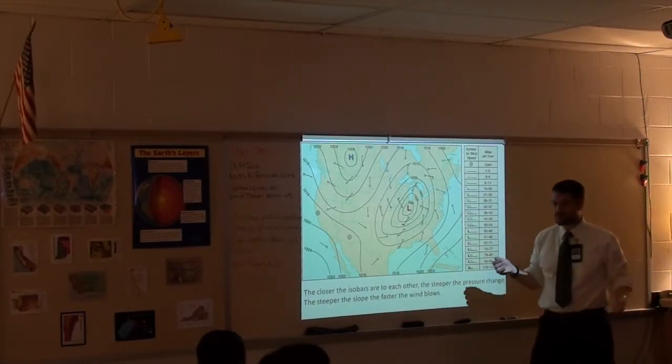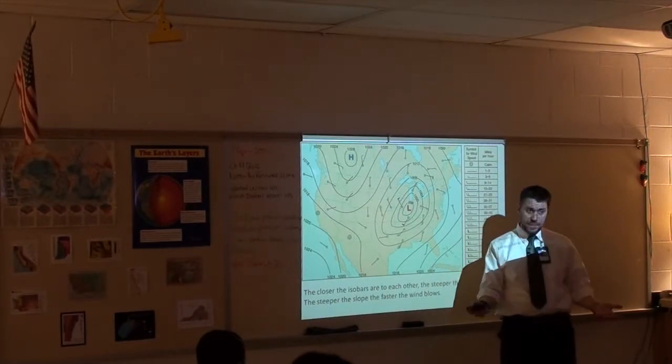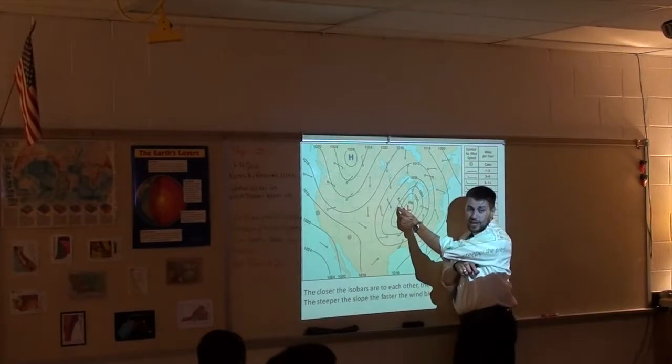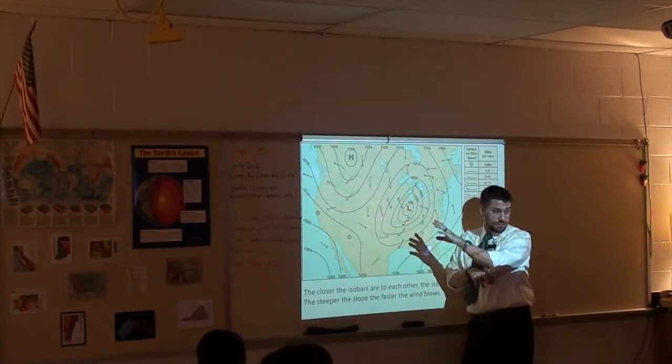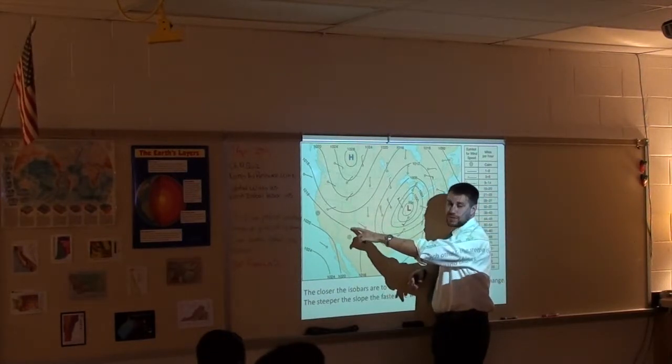High pressure, low pressure. Well, one of the things we learned in mapping was that the closer the contour lines are together, the steeper the hill, right? Do you remember that? And over here, these are all really spaced out, so this isn't very steep at all, is it?